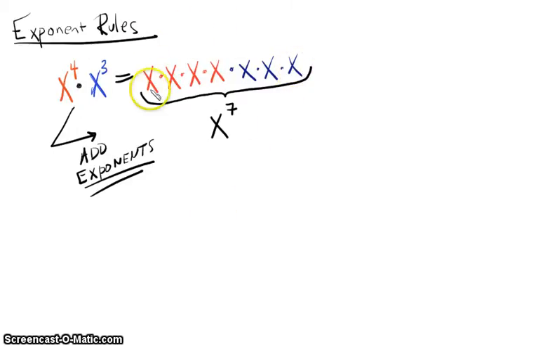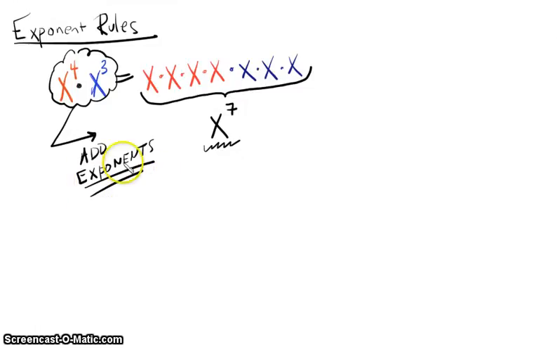And then if we take all this together, 2, 3, 4, 5, 6, 7, we have our solution, which is x to the seventh. But looking back at our original problem, we can now recognize that x to the fourth, x to the third, wait a minute, all I'm really doing is adding my exponents, okay?